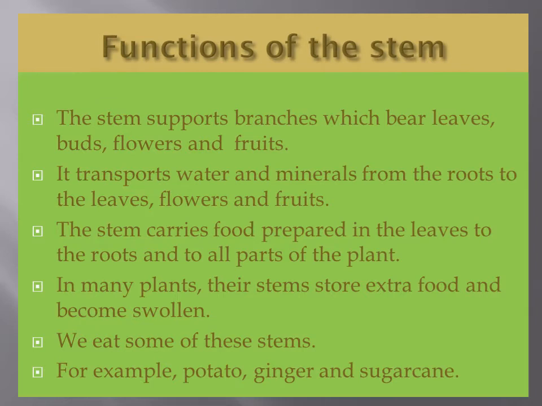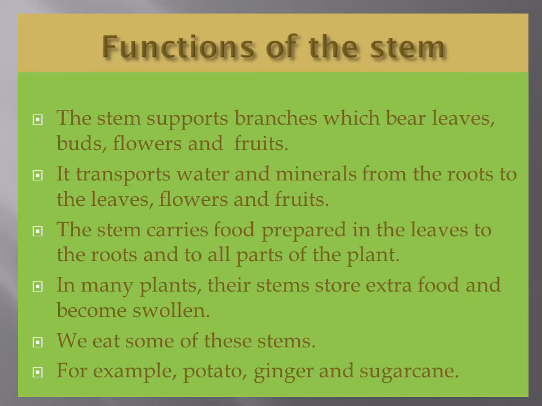Functions of the stem. Now let us learn about the functions of the stem. The stem supports branches which bear leaves, buds, flowers and fruits. It transports water and minerals from the roots to the leaves, flowers and fruits. The stem carries food prepared in the leaves to the roots and to all parts of the plant.